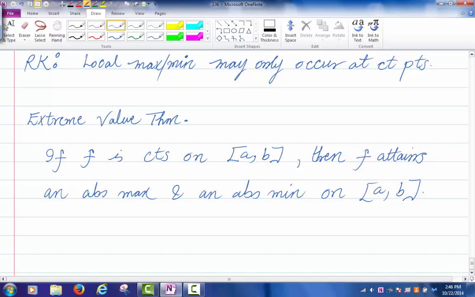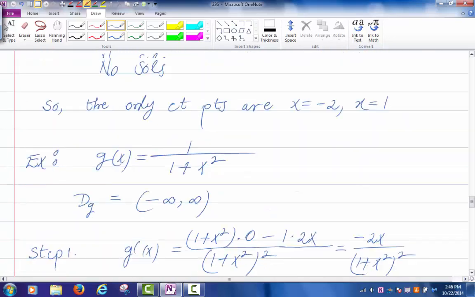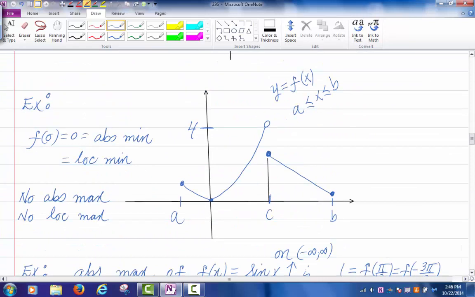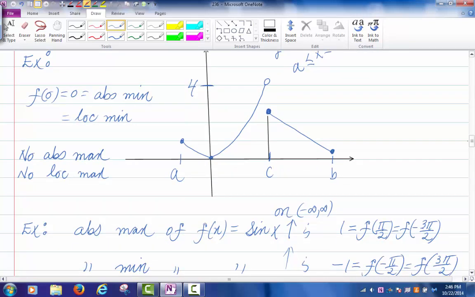Remember, I gave you an example before where we have a function like this one, right? This is a function defined from a to b, right? It's defined everywhere between a and b. However, it is not continuous, right? And notice that it doesn't have an absolute maximum. Remember this example? It doesn't have an absolute maximum. This function can be made as close to 4 as I desire, right?